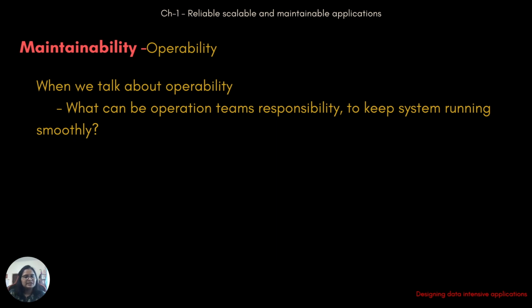Second point is tracking down the cause of problems or degraded performance. With the help of what can we track those? With the help of dashboards. Maintaining the security of the system. Good operability means making routine tasks easy, allowing the operation team to focus their efforts on high-value activities.